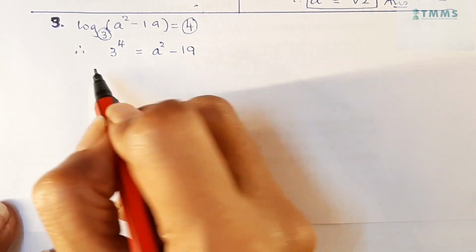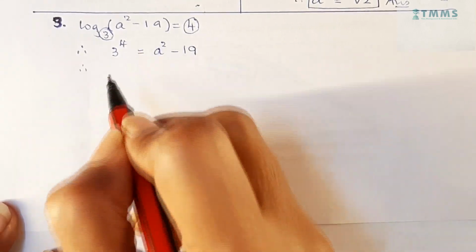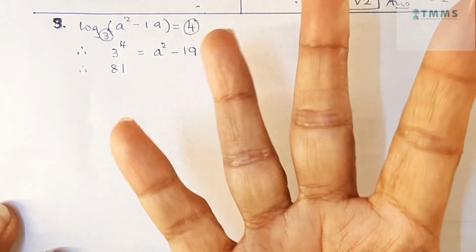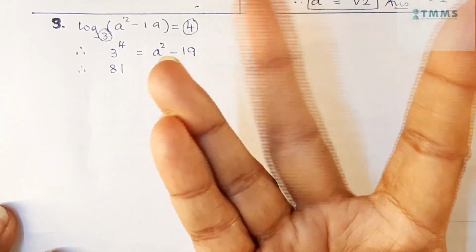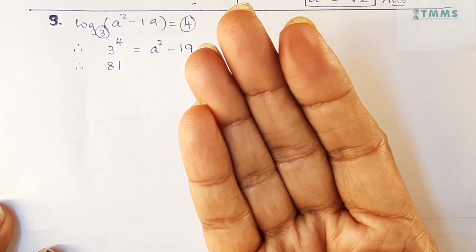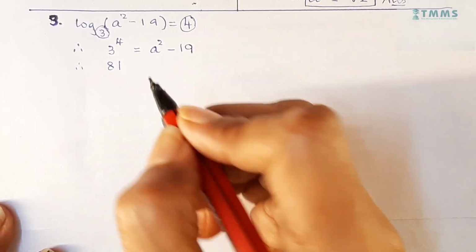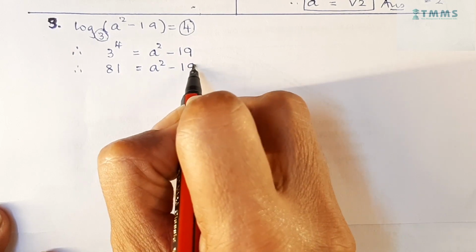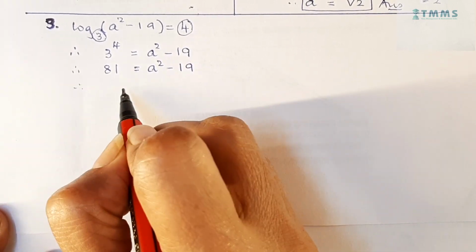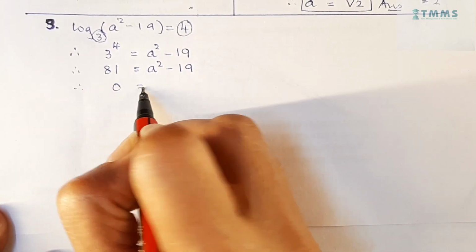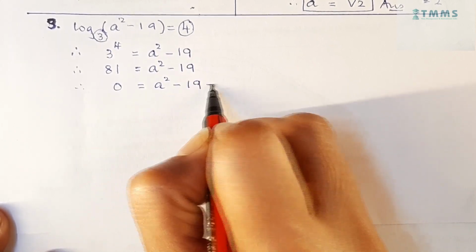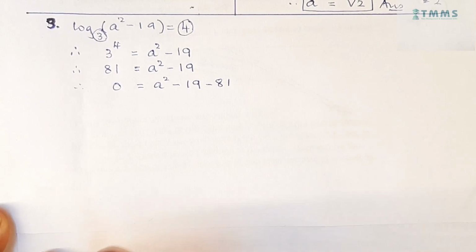And don't we know how much is 3 raised to 4? Isn't it 81? 3 is multiplied 4 times. 3 3s are 9, 3 9s are 27, 3 27s are 81. And now we will make this 0 equal to a square minus 19 minus 81.